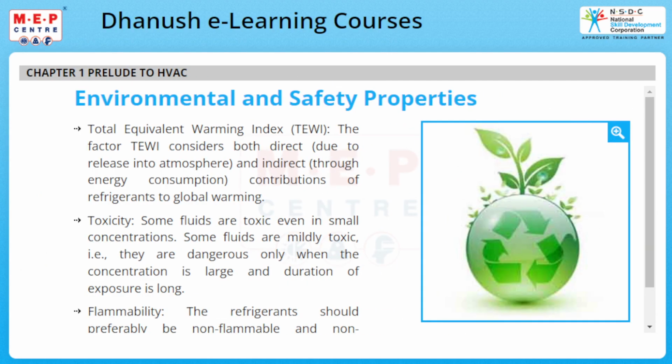Total Equivalent Warming Index (TEWI). The factor TEWI considers both direct, due to release into atmosphere, and indirect, through energy consumption, contributions of refrigeration to global warming. Toxicity. Some fluids are toxic even in small concentrations.